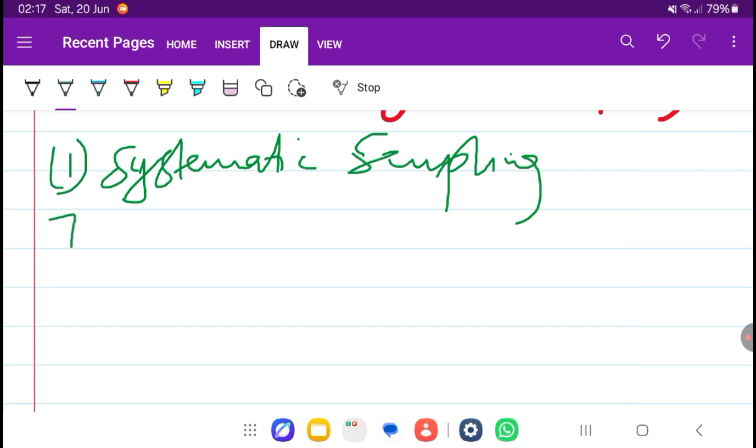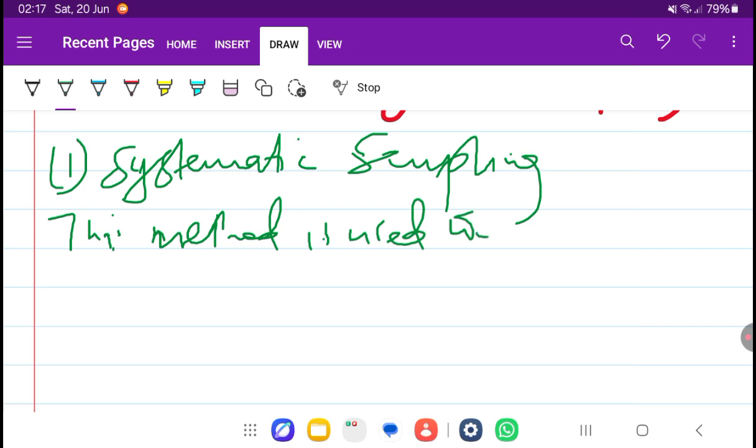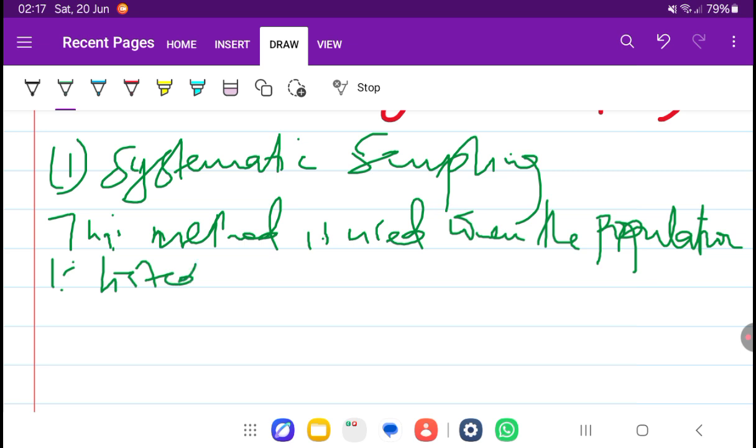So this method is used when the population is listed in a given order.